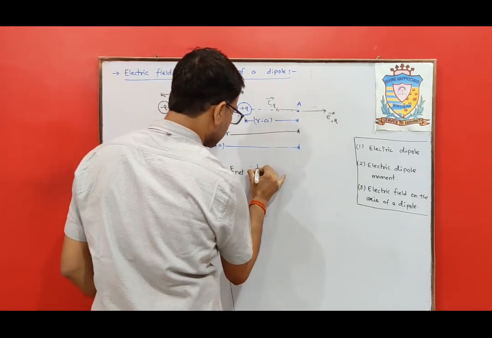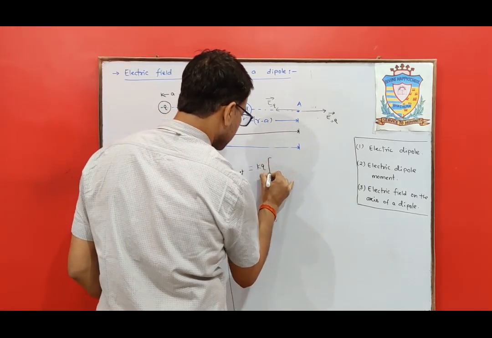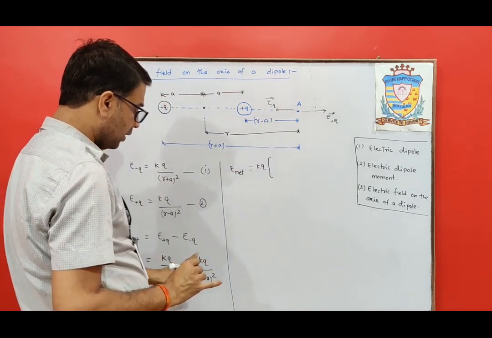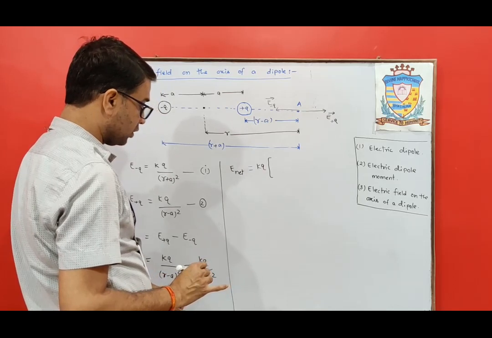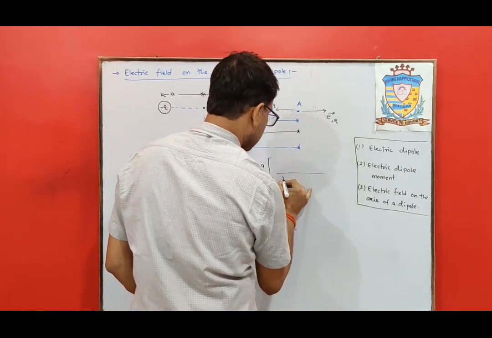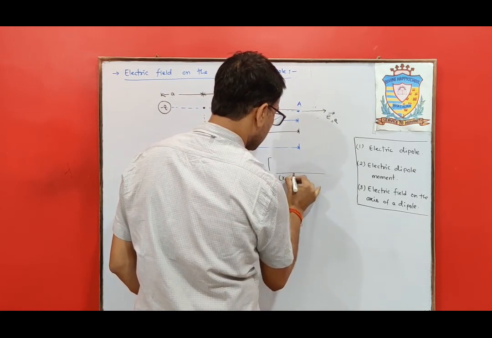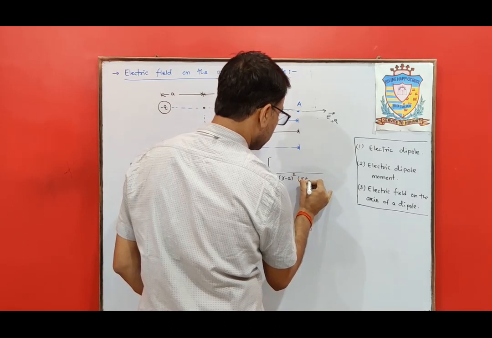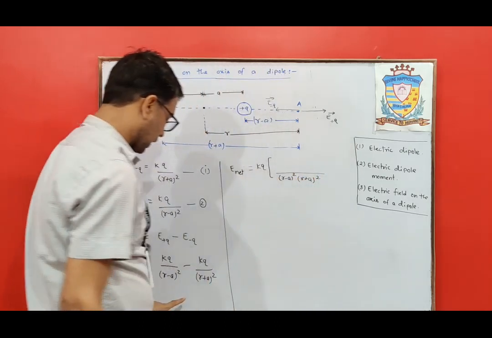Take KQ as common. Here we have 1 by (R minus a) whole square minus 1 by (R plus a) whole square. We'll take the LCM, which is (R minus a) whole square into (R plus a) whole square.